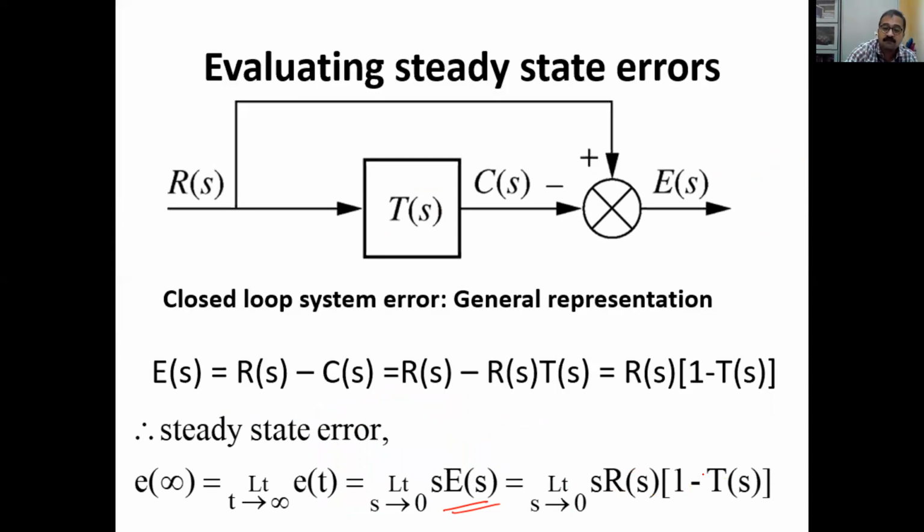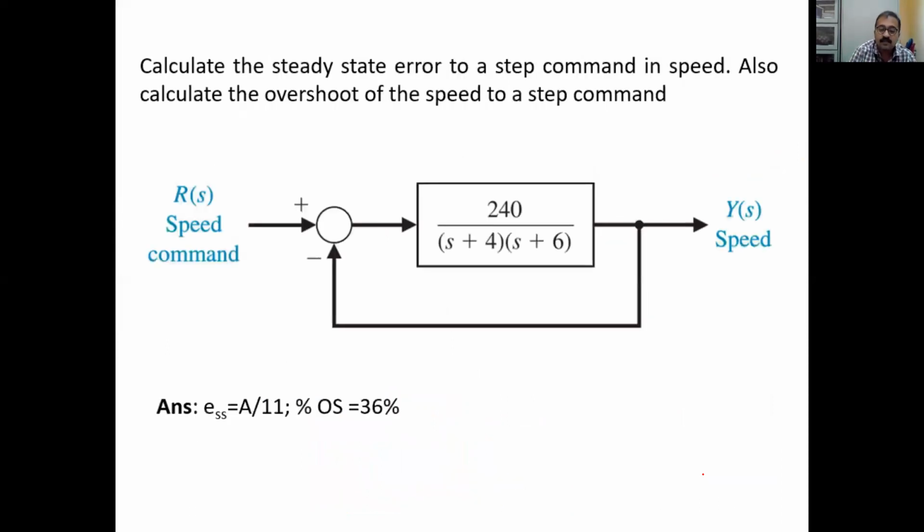Let us try one last example. Calculate the steady state error to a step command in speed. Also, calculate the overshoot of this speed to a step command. So here you are giving a step input, say you are giving a magnitude A, right? The question is to find what is the steady state error to this system. So what's the type number? Type is 0. So since type is 0, what will be Kp?